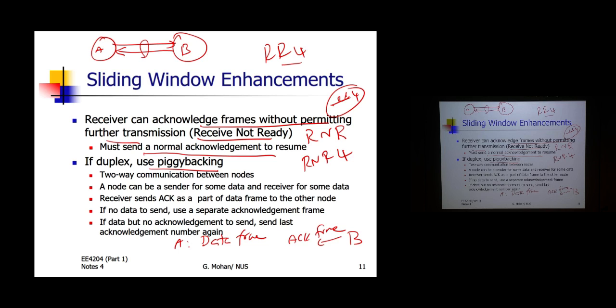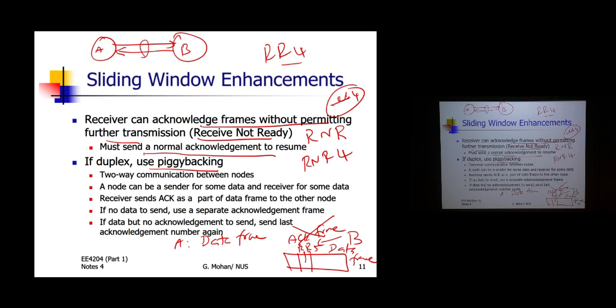Instead of sending an acknowledgement frame, B can send a data frame and indicate in it, let's say, RR5. Every data frame has a header, am I right? And some bits in the header can be used to acknowledge the other party.